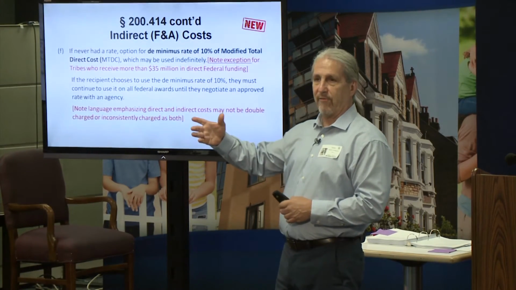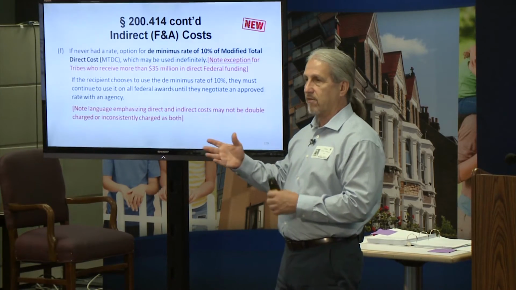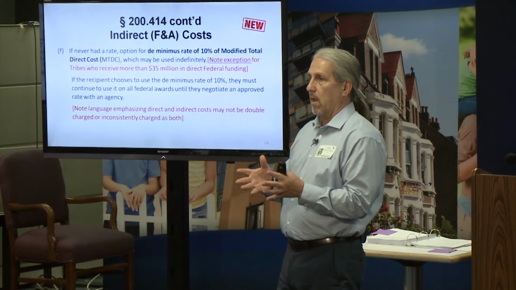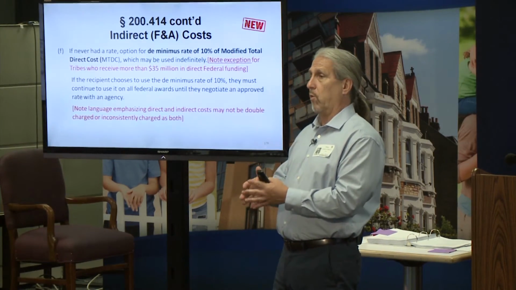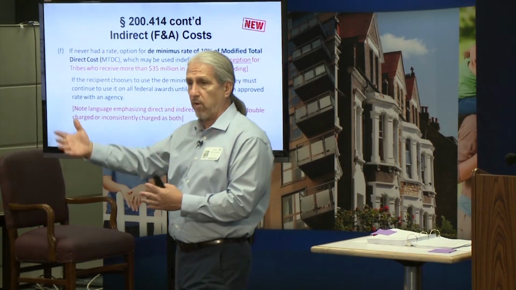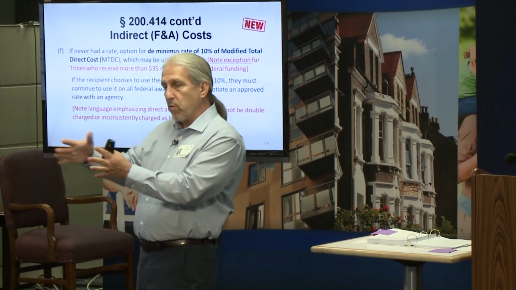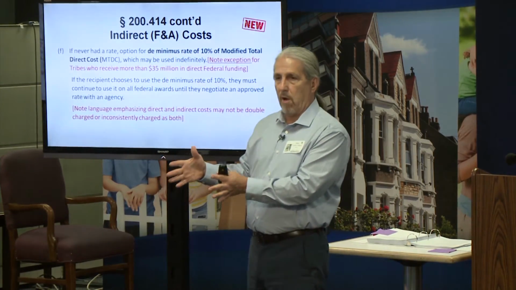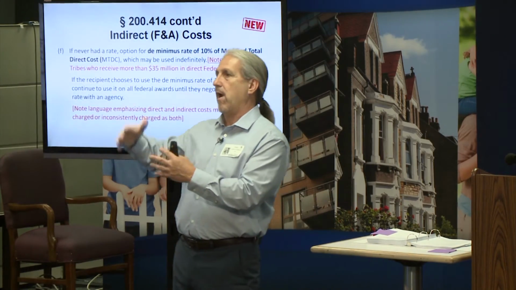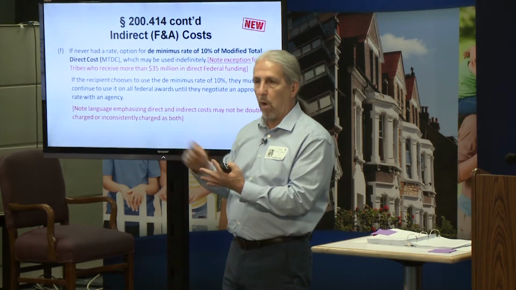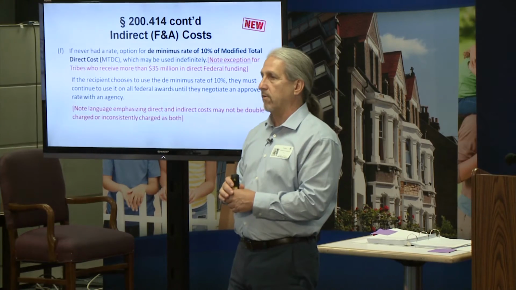We won't go into the definition, but modified total direct cost allows us to exclude things that would distort the cost. So if we have a large contract, we would remove that contract from our direct base, so we're not charging administrative costs against an entire contract that's going to require only one or two checks written across it.